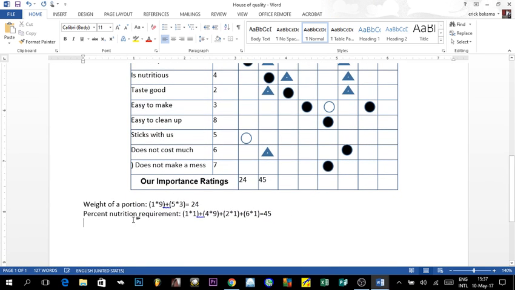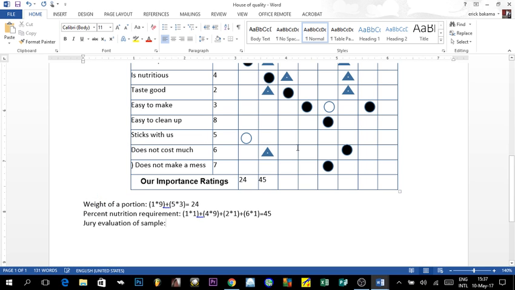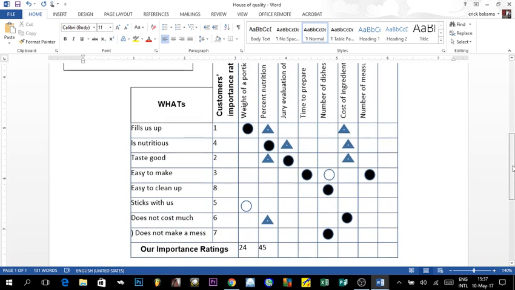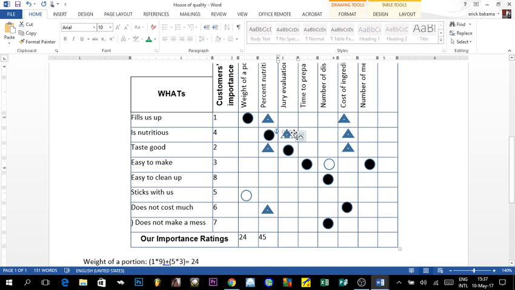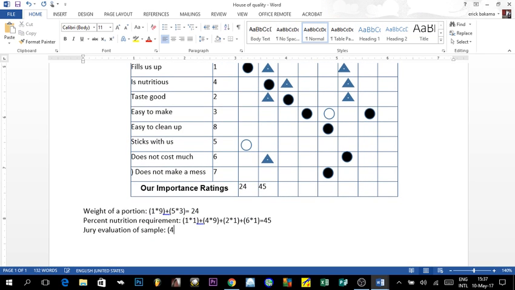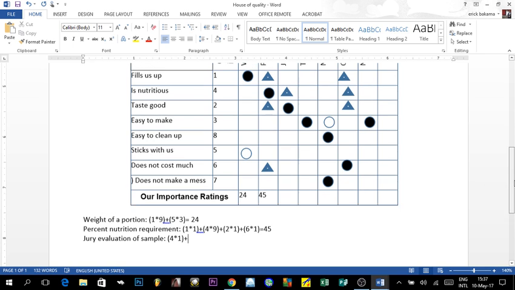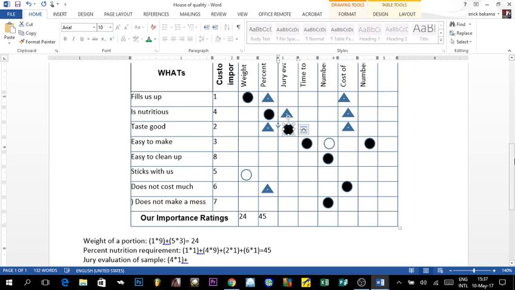Now the jury of evaluation of sample, which is the third row. Here with the nutritious part, it is 4 times 1, that we are going to add, plus 2 that we have here times 9.